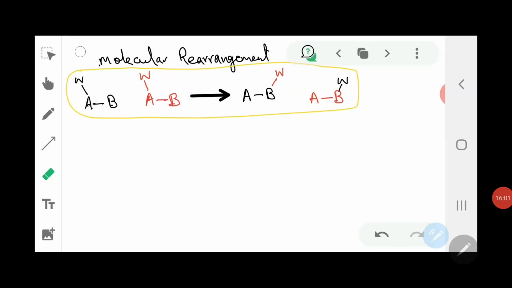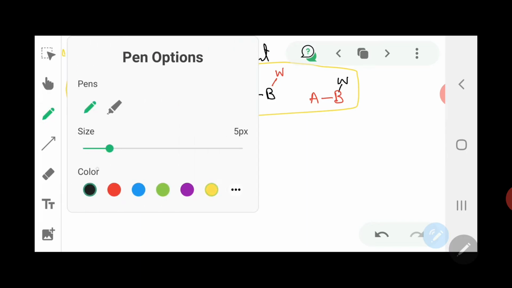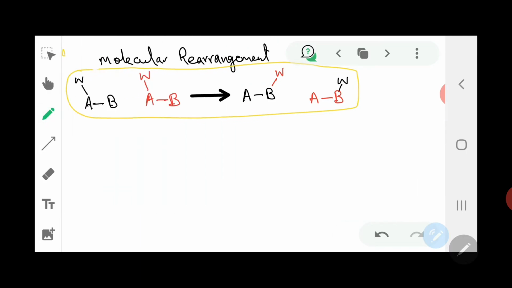So how do we change this heading into intermolecular, because here we discuss the intermolecular rearrangement.